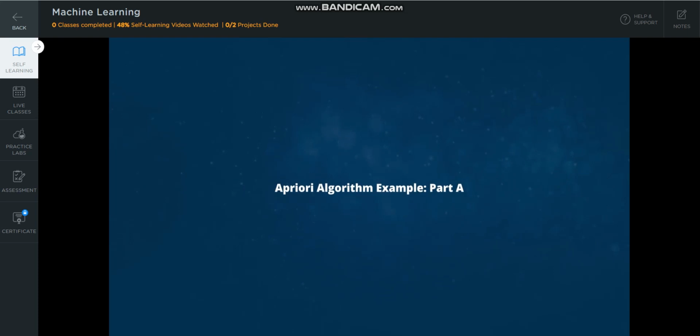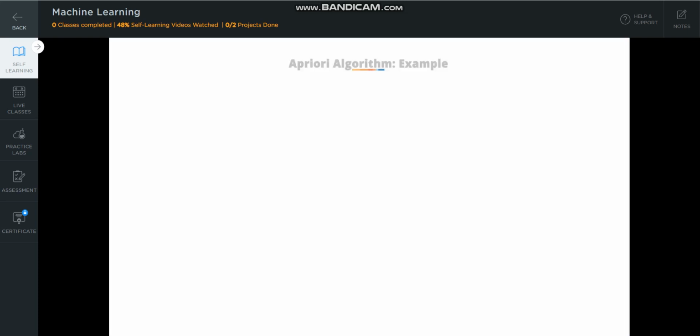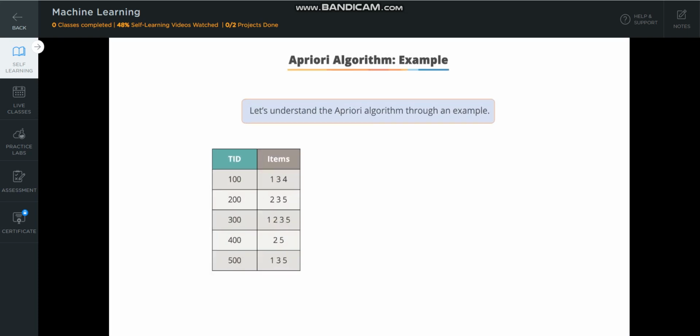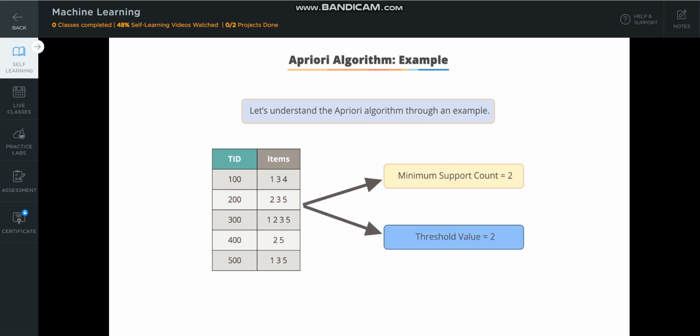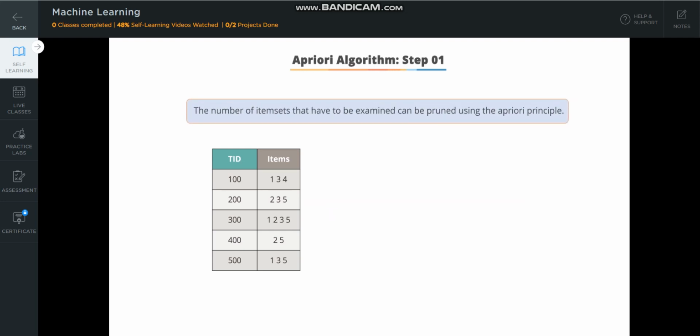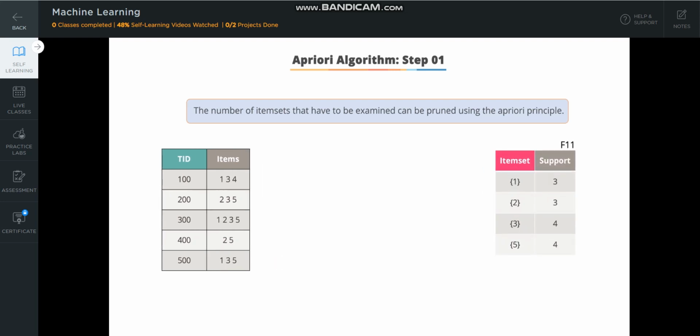A priori algorithm example part A. The number of item sets that have to be examined can be pruned using the a priori principle. The list of popular item sets can also be obtained. We have the given data of a store.